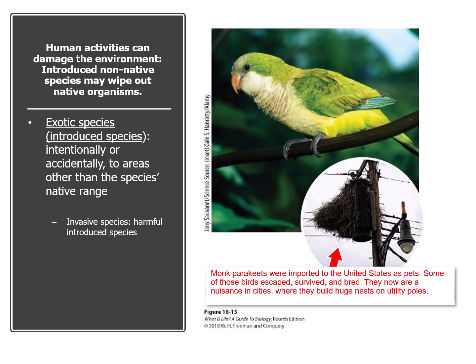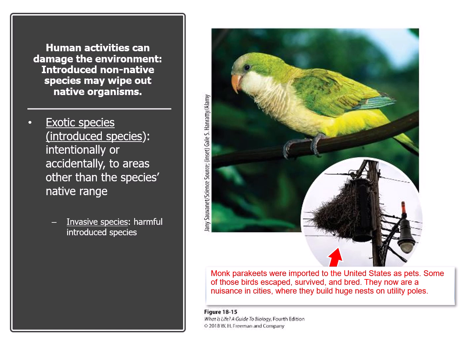Another way that humans are damaging the environment is by introducing species that are not native to those ecosystems. What we call a species that is either intentionally or accidentally brought into an area that it is not native to is an exotic species or an introduced species. They mean the same thing.